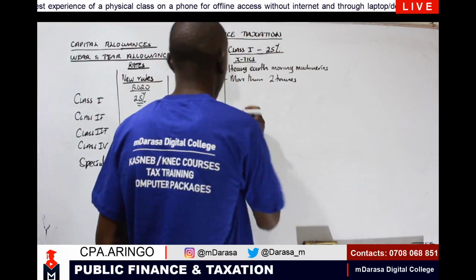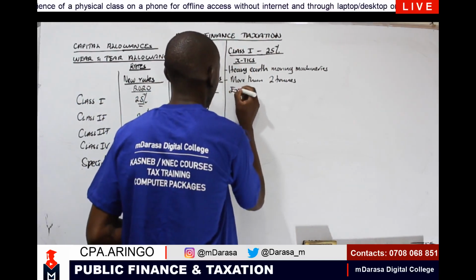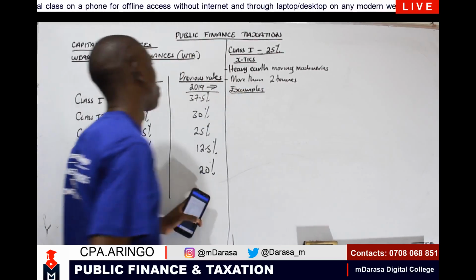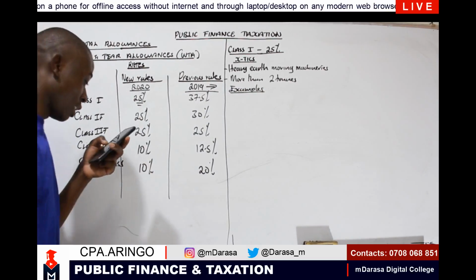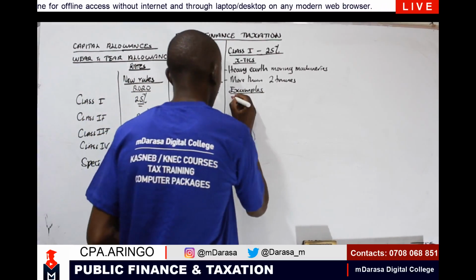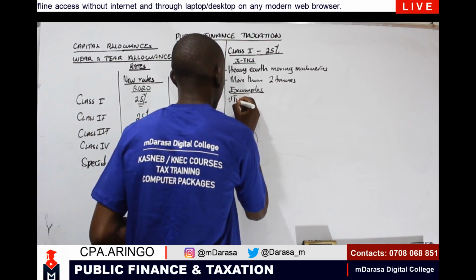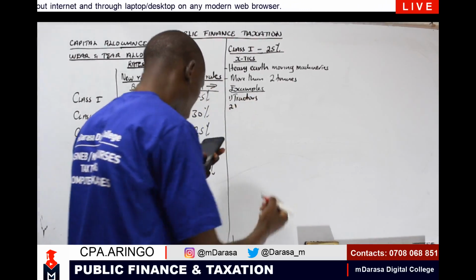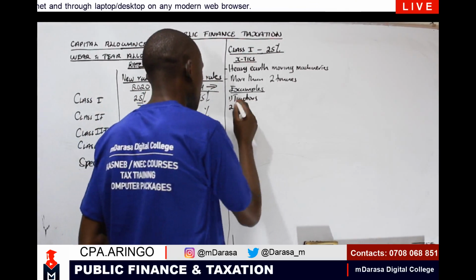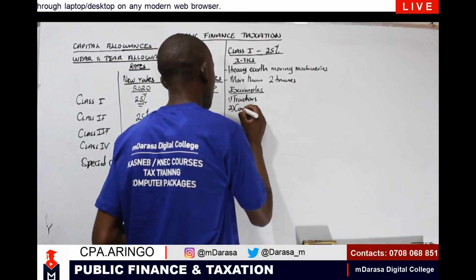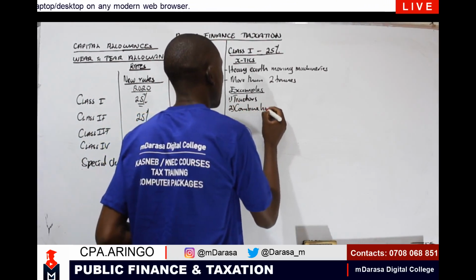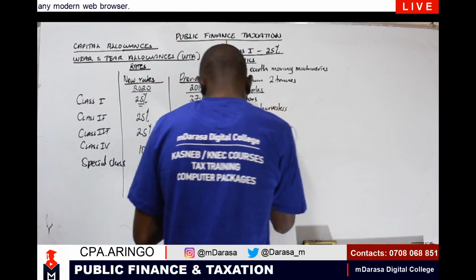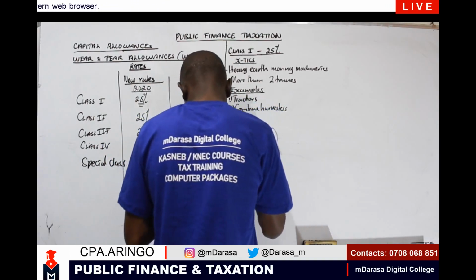So examples of these items, my good students, will include the following. Number 1, tractors. Number 2, you can talk of combine harvesters. Number 3, you can also talk of excavators.